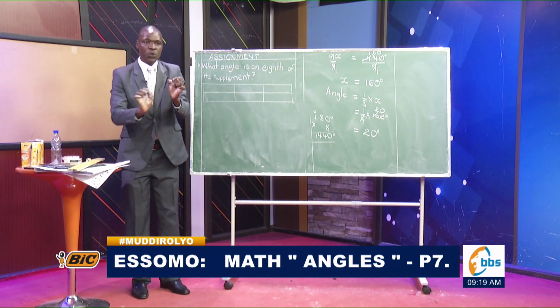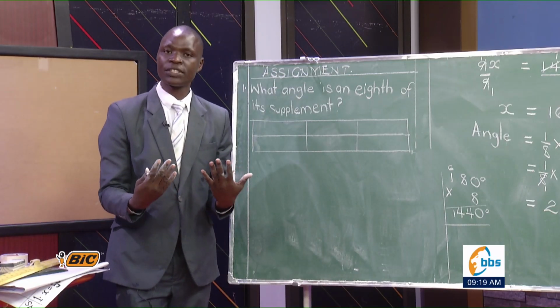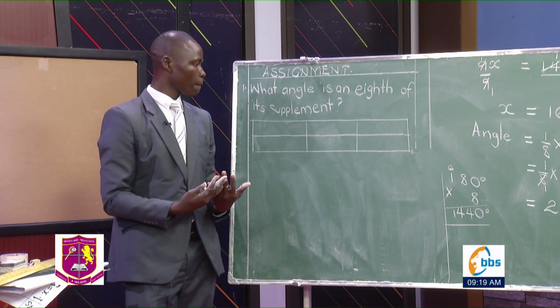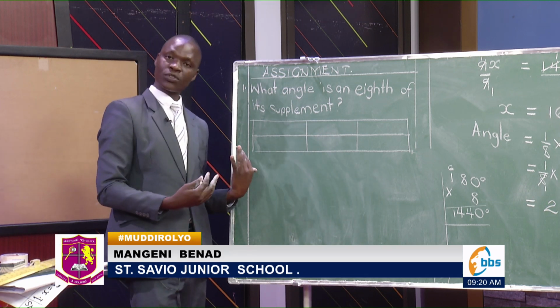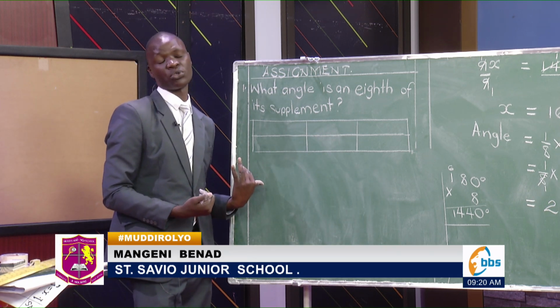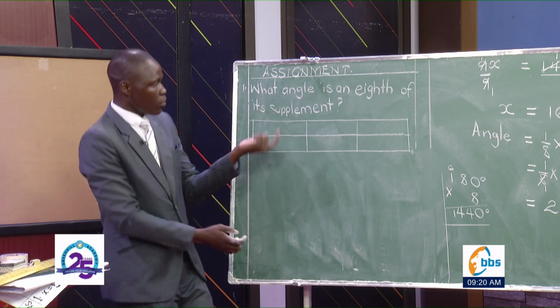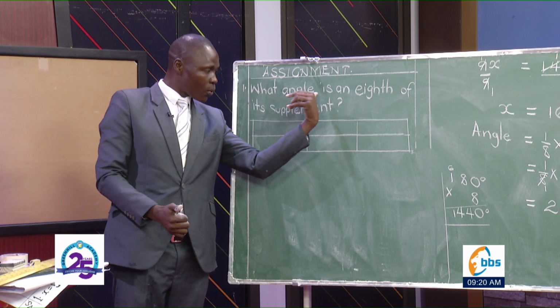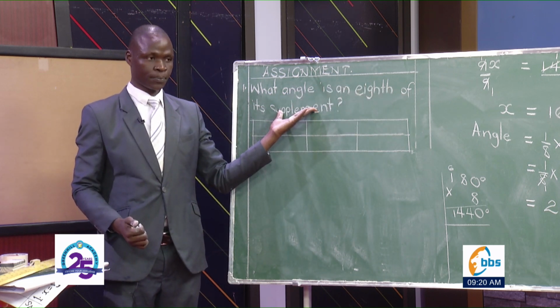I said I use simpler approaches to see that everybody achieves. And you must have also maybe used the approach we are going now to use. So the other approach is you go back to your question. What angle is an eighth of its supplement?